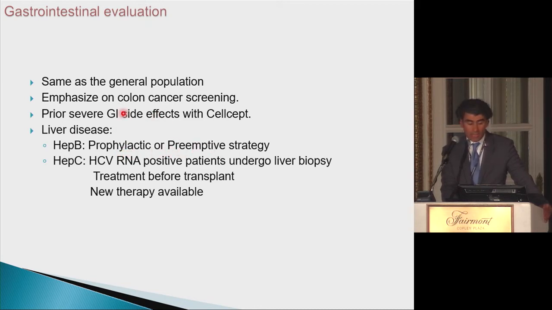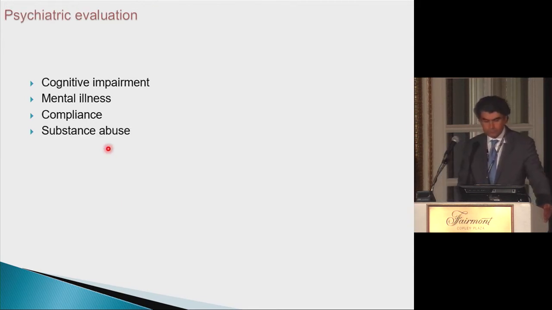This is where, at the time of transplantation, we start them on the antiviral therapy, or we follow viral loads, and if we detect any virus, then we start them on therapy. For the Hep C patient, we usually do liver biopsies, make sure they don't have any cirrhosis, and then with the new therapy, I think we have a very good chance of treating those patients after transplantation.